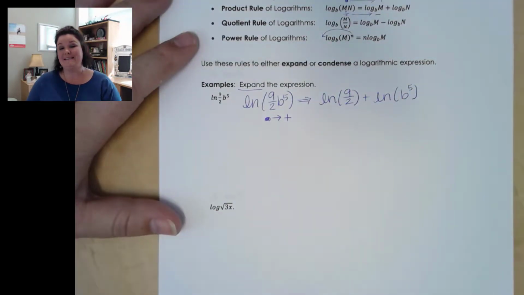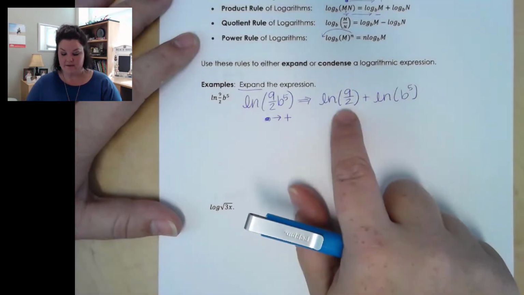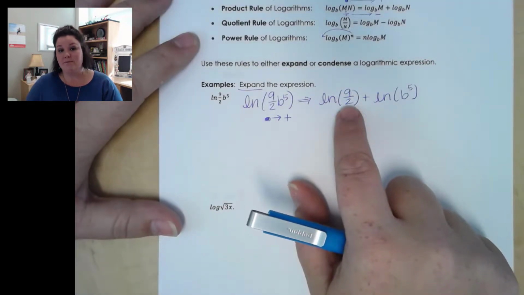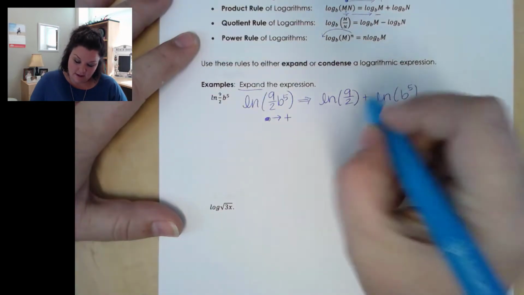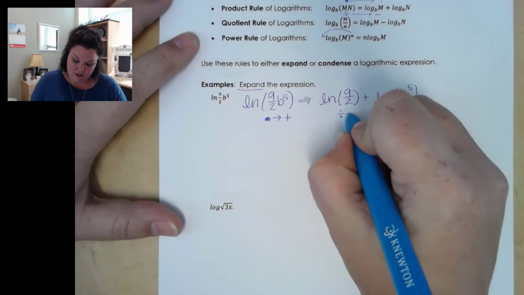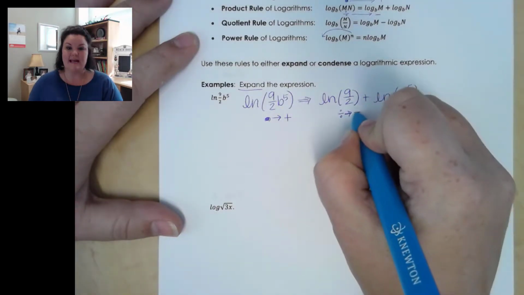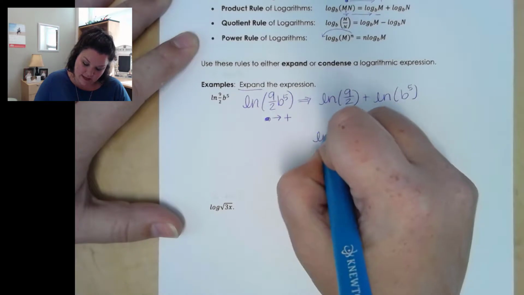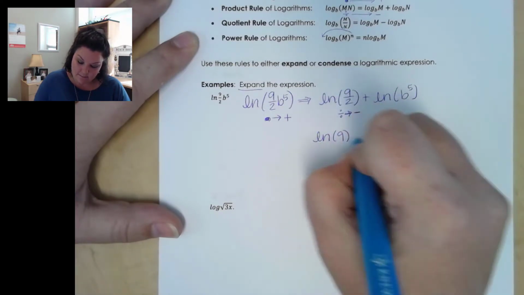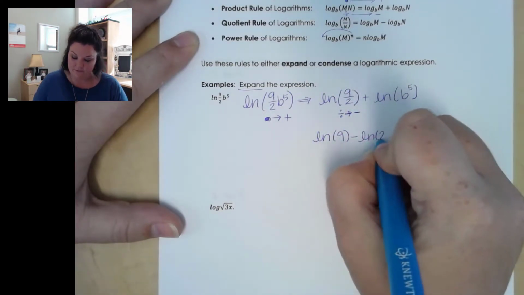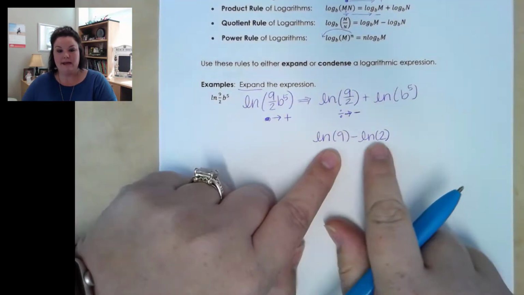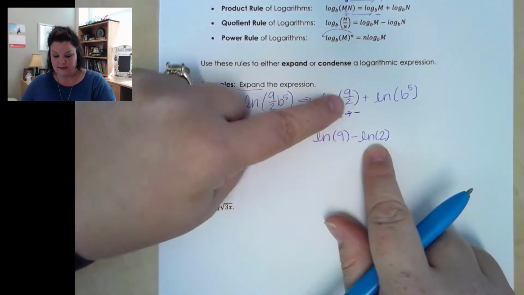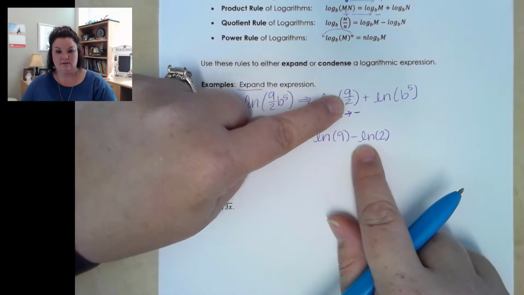Okay, and then I want to look to see if I can do anything further. So if I look at this first natural log term, I have 9/2. Remember that fraction line represents division. And division can be rewritten as a subtraction of natural log terms, right? So I can expand this one to be ln of 9 minus ln of 2, right? The one that came from the denominator is the one that gets subtracted, okay?